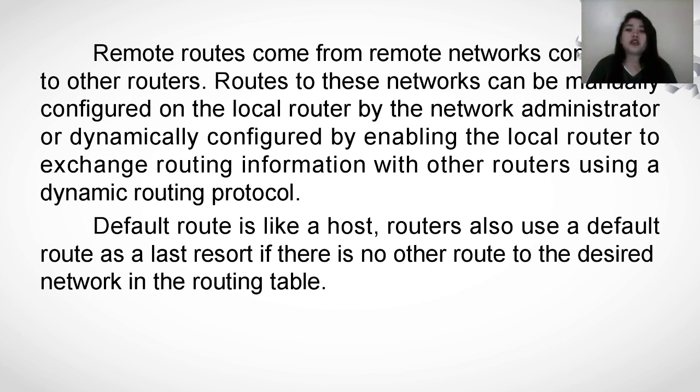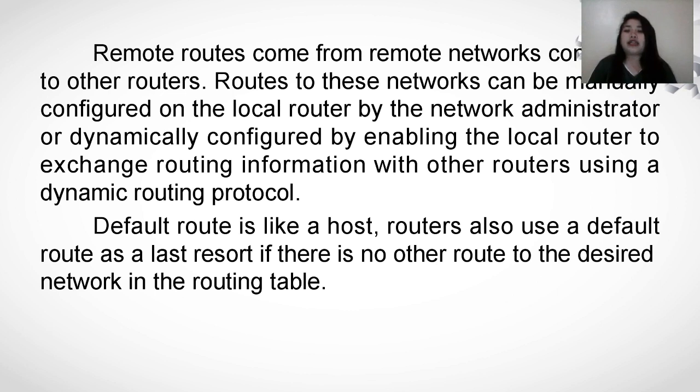Routes to these networks can be manually configured on the local router by the network administrator, or dynamically configured by enabling the local router to exchange routing information with other routers using a dynamic routing protocol.